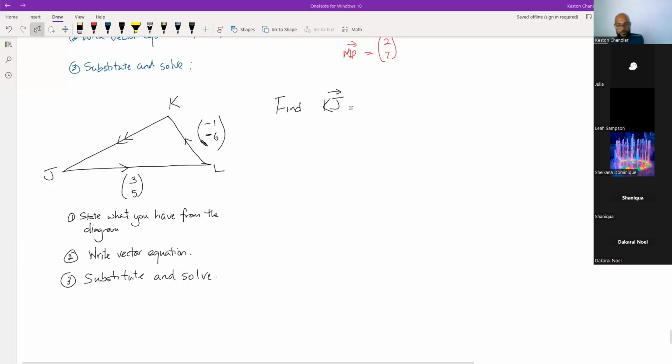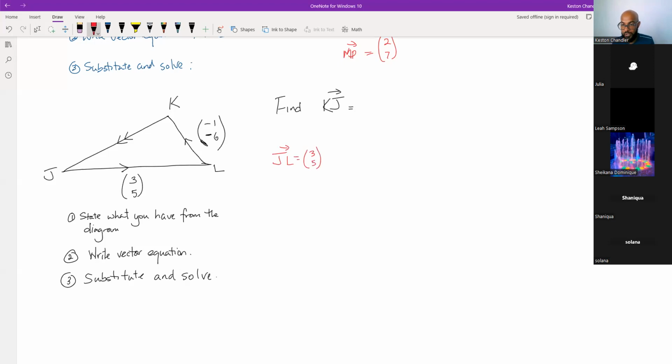All right, let's look at this one. So we want to find KG. So we always state what we have, right? It's a good habit. So it's easy for you to just look at your key. I call it my key. So I know what values I have, especially after I write my vector equation. Let's make sure and write this in the correct order, right? So we have JL, and that's 3, 5.